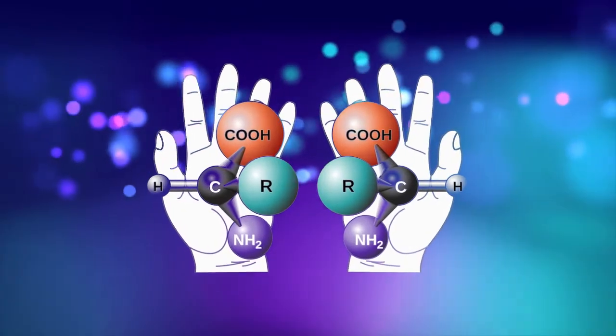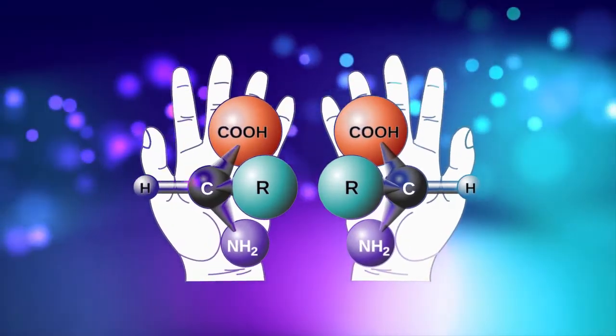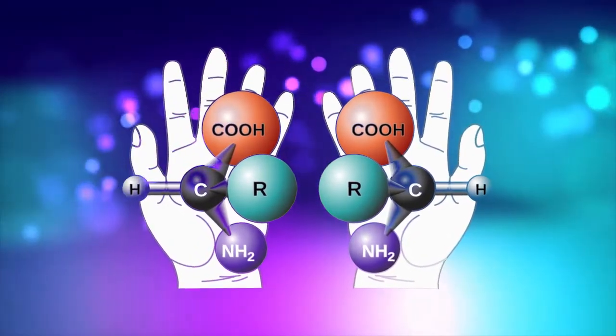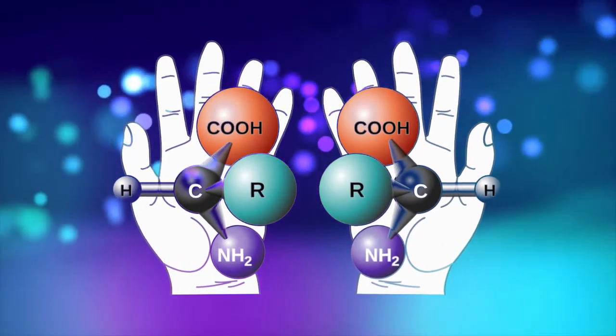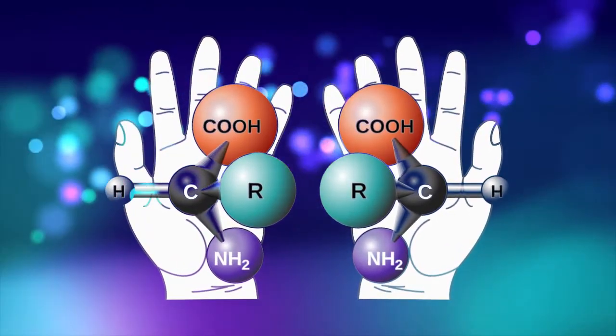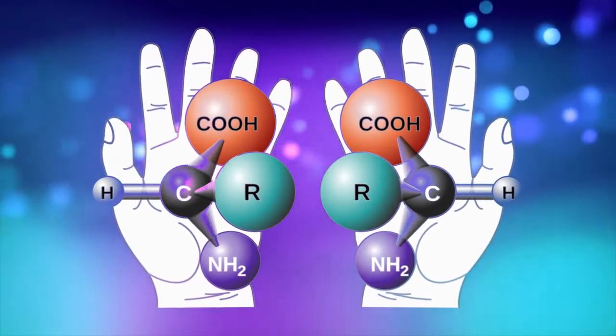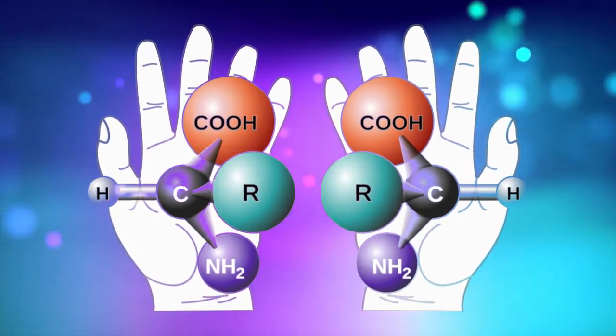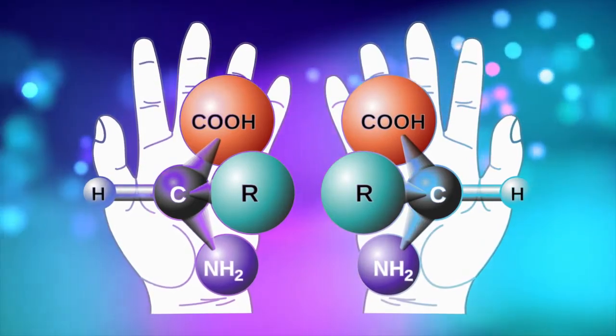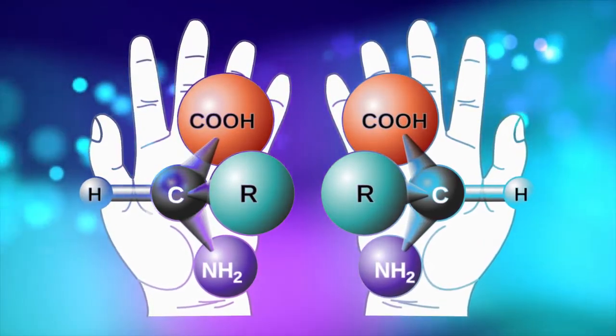Put your right hand on your left hand, and you will see that in the left hand the thumb is at the left, whereas in the right hand the thumb is at the right. That means thumb on thumb, this situation is not happening. So it is not superimposing.